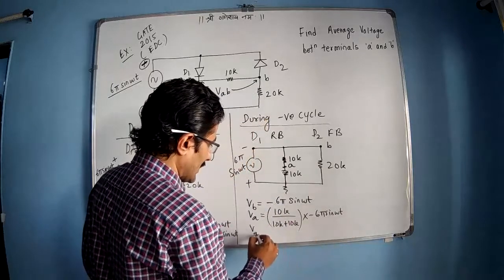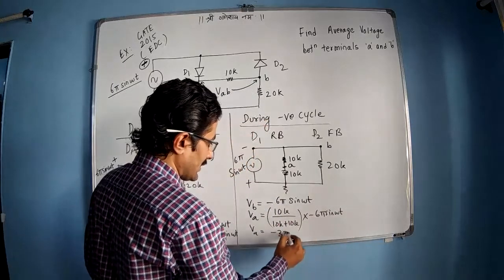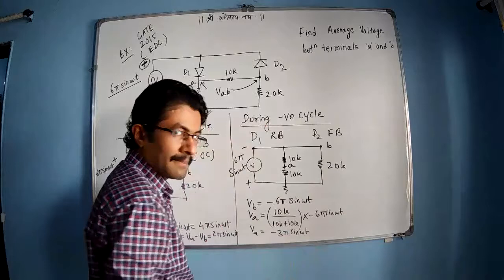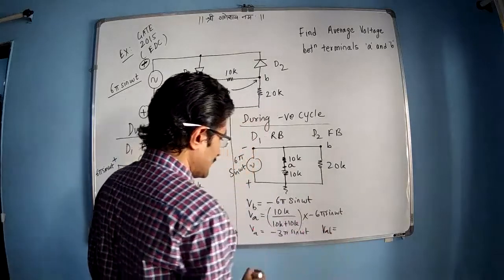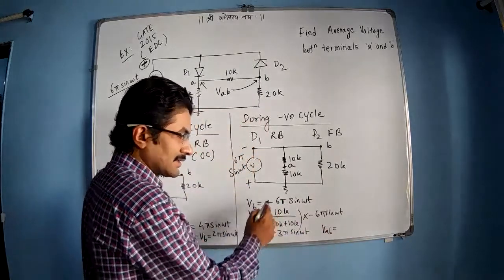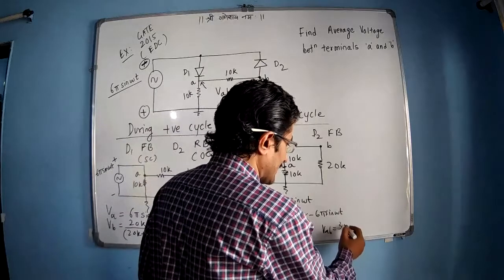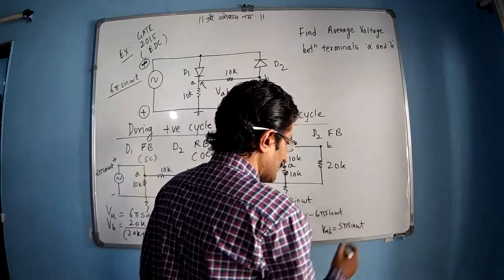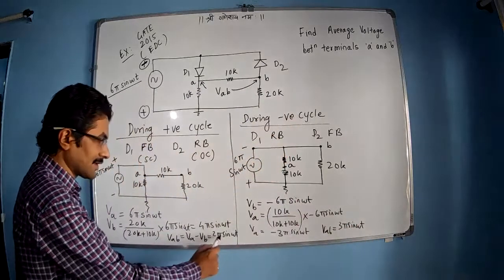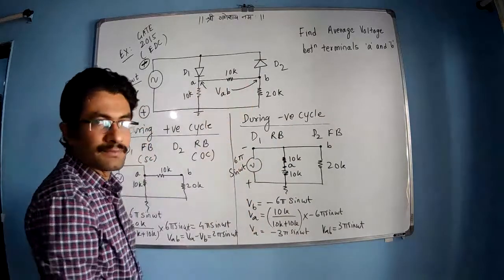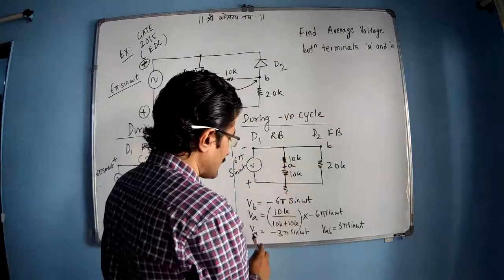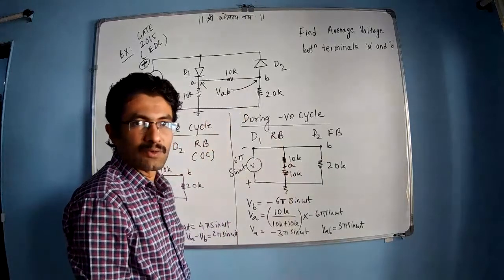So your VA will be minus 3π sin ωt. And VAB is minus 3π plus 6π, that means 3π sin ωt. So during the positive half cycle, your VAB is 2π sin ωt, and during the negative half cycle, your VAB is 3π sin ωt.